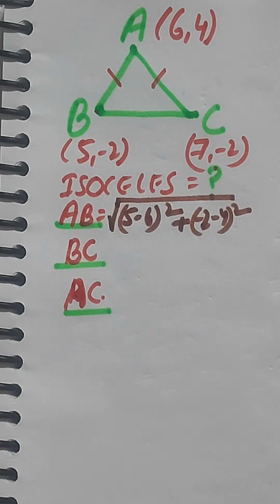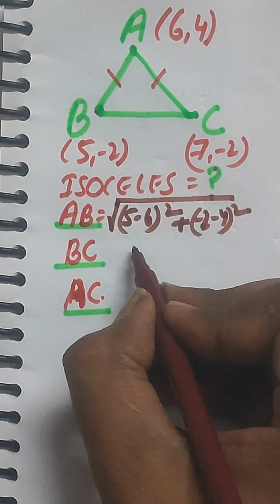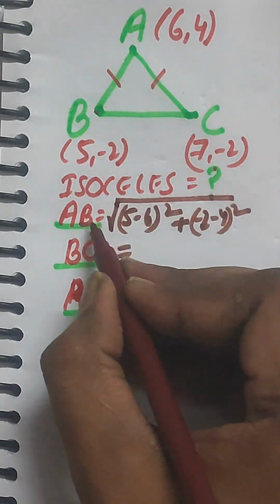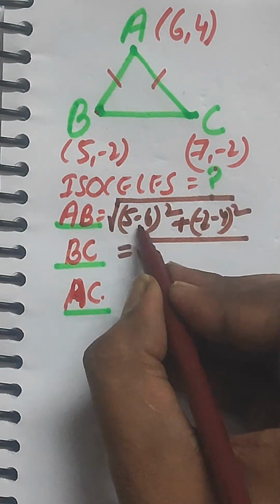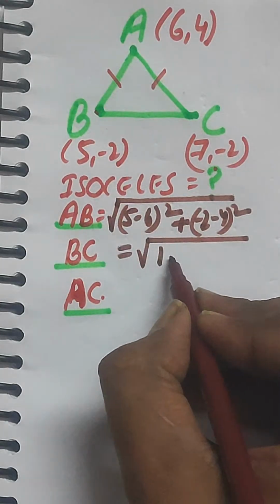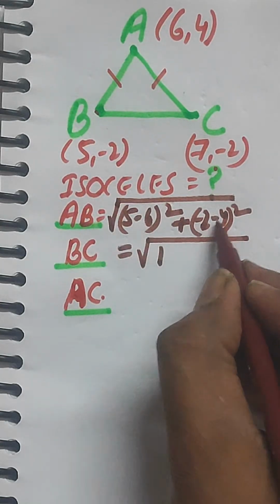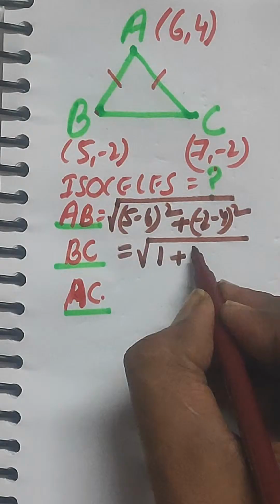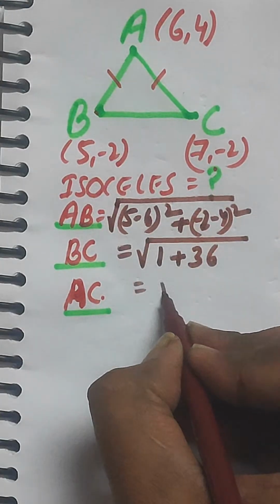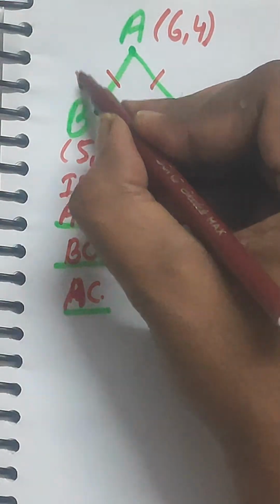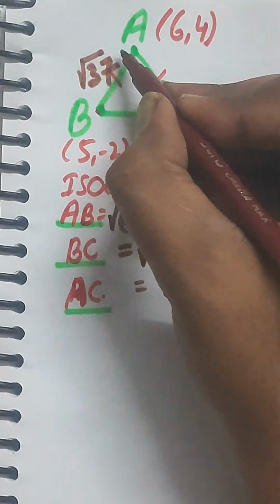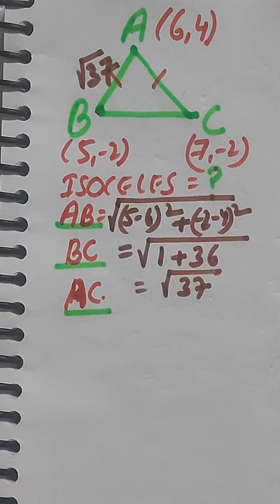So this will give you AB as root over of 5 minus 6 is minus 1 square is 1, and minus 2 minus 4, minus 6 whole square is 36. So root over 37 is the length of AB. This is coming as root over of 37 units, right?